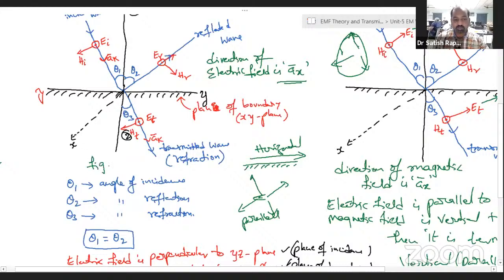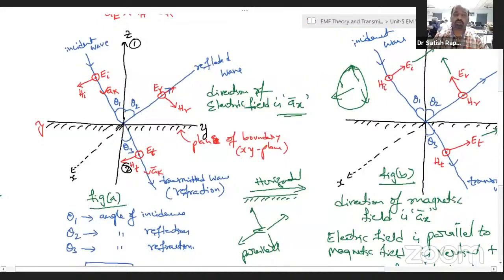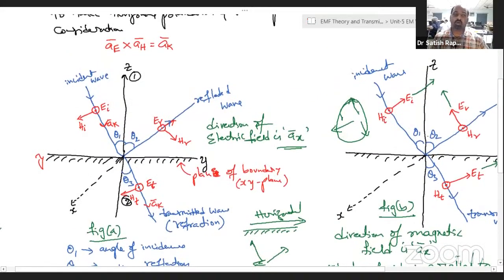So let us say this is figure A, right? If electric and magnetic fields are indicated as shown in figure A, it is called horizontal or perpendicular polarization. If electric and magnetic fields are indicated as shown in figure B, it is called vertical or parallel polarization, right? So you just remember like that boldly, otherwise you will get confusion.